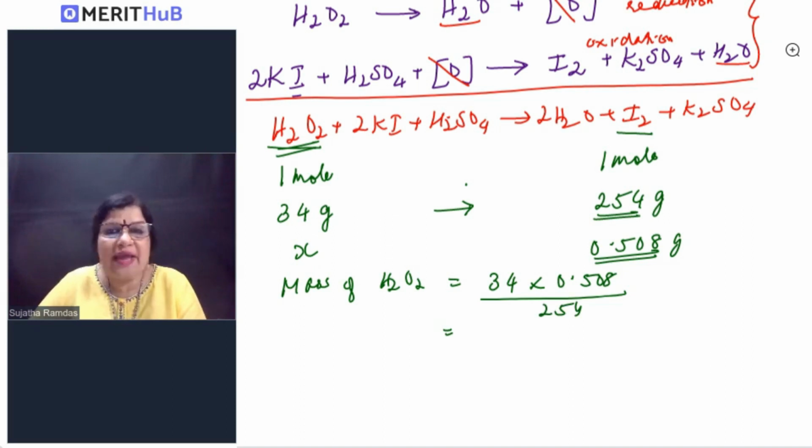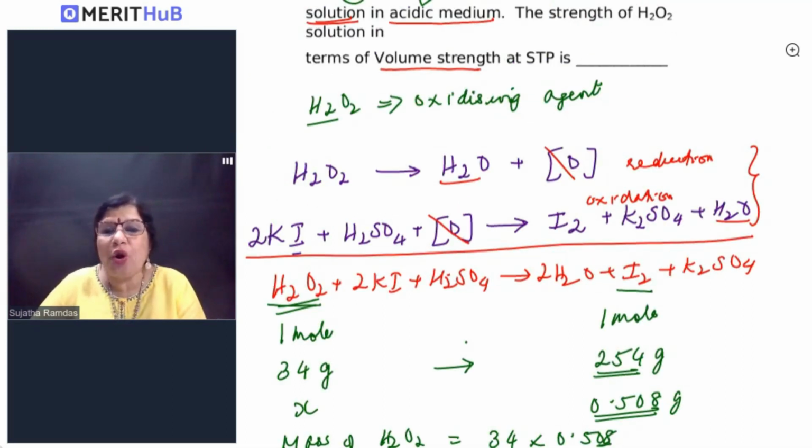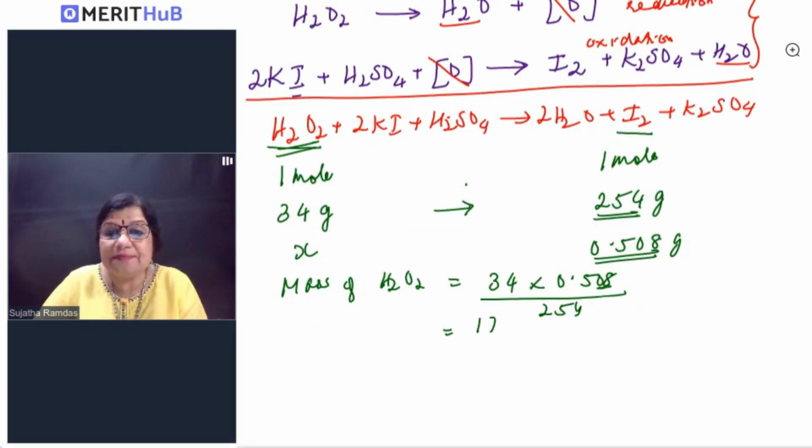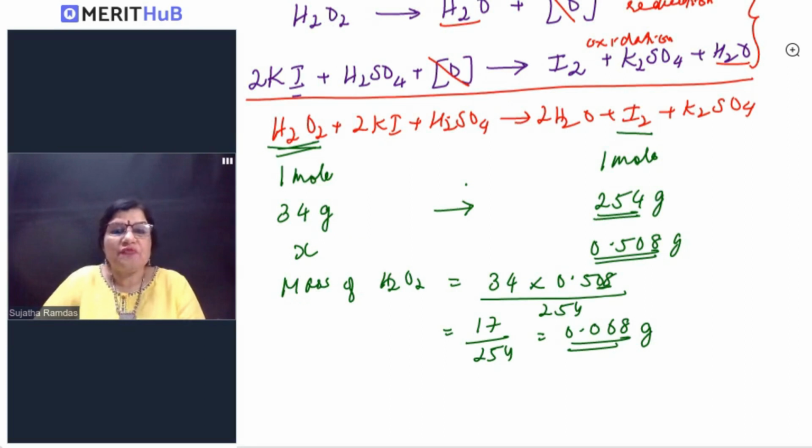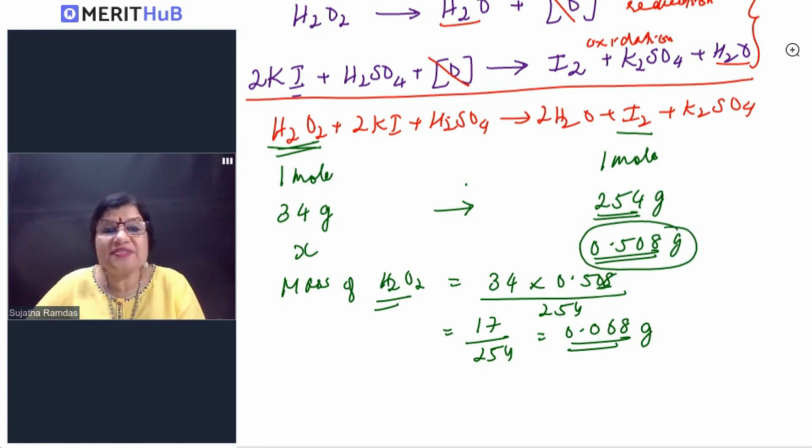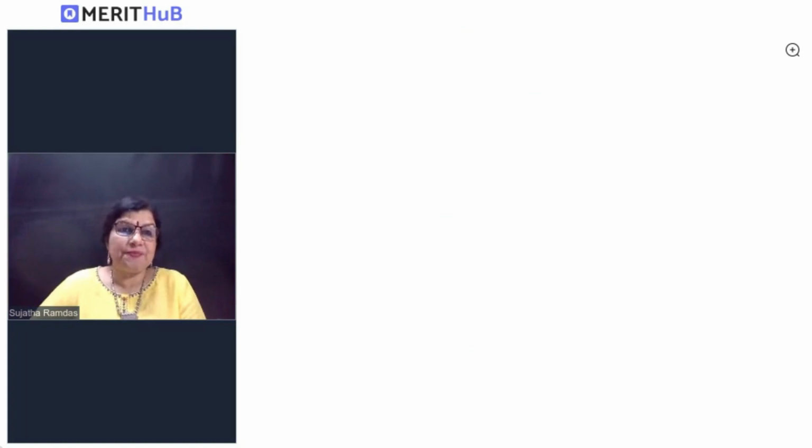If we ignore the 0 and 8, 34 into 0.5 would be 17. 17 by 254 would be approximately 0.068 grams. So we got the mass of hydrogen peroxide which produces 0.508 grams of iodine. Okay, let's go to another page.